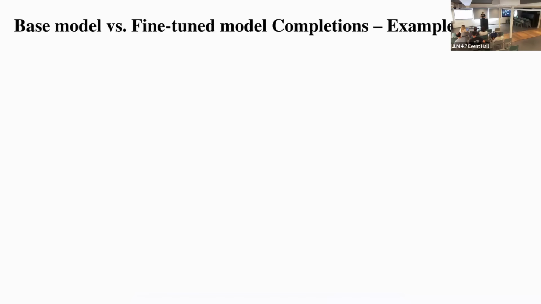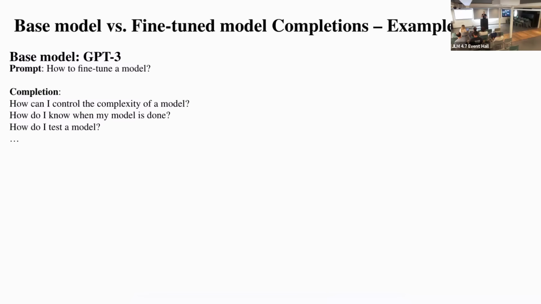Okay, so now I want to show you examples of the difference between a base model completion and a fine-tuned model completion. Let's take in this example GPT-3, which is a base model, and ask it how to fine-tune a model. The completion will look something similar to: how can I control the complexity of a model, how do I know when my model is done, and some other related questions.